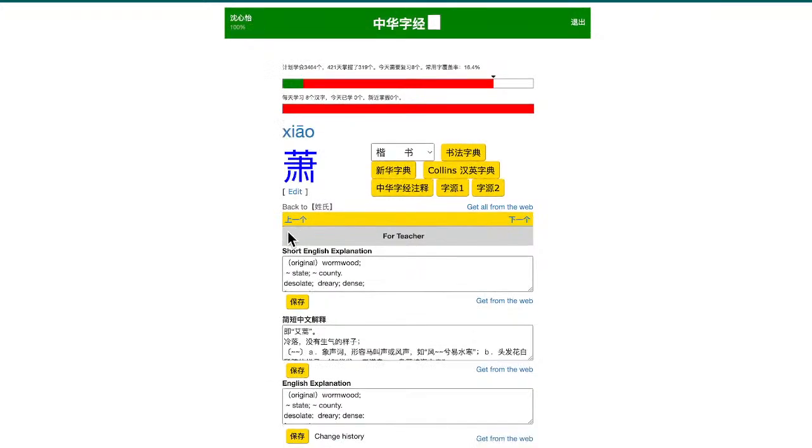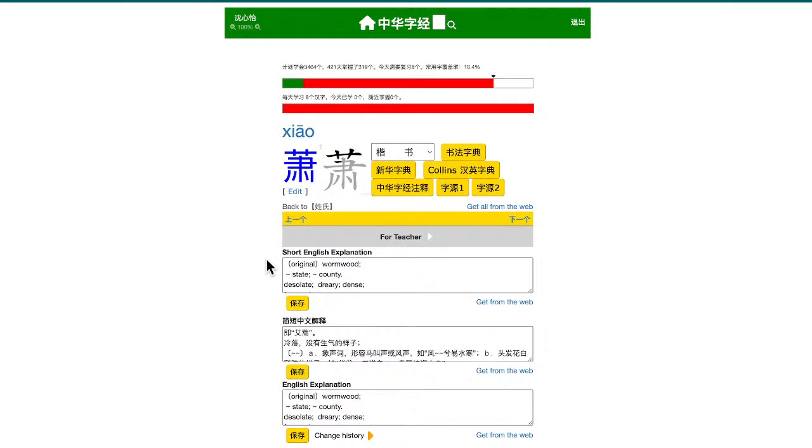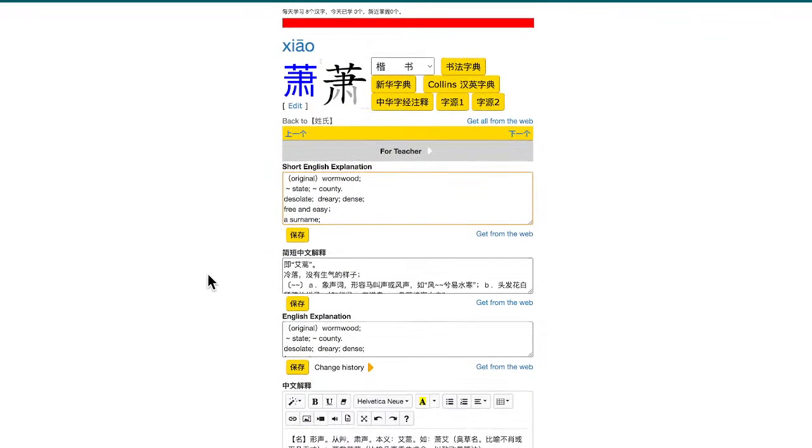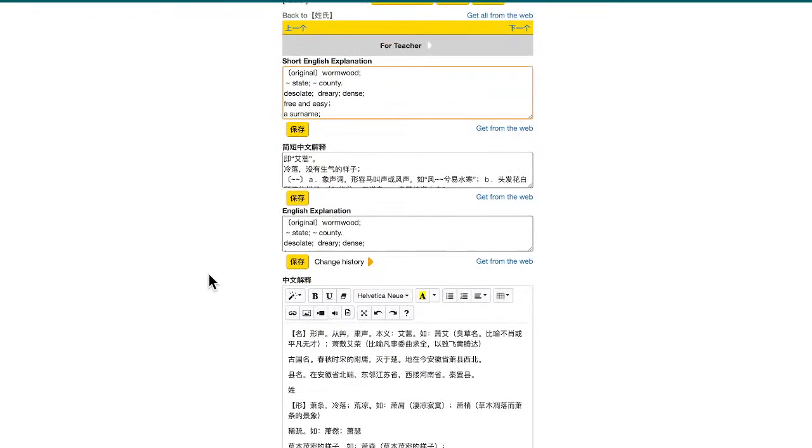Next one is xiao. Xiao is wormwood. The original meaning is wormwood, a type of plant. Another Chinese name for that is ai gao. It's also the name of a feudal state.